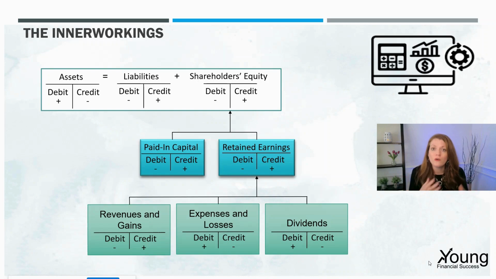Revenue is always credited unless we're trying to get rid of the balance because there's an error. Any normal entry with revenue is a credit. That's what we are in business for, to make revenue. So crediting is not a bad thing; it just depends on which account it is.